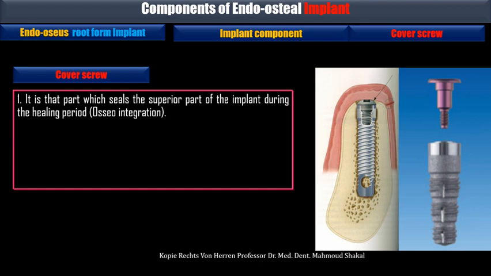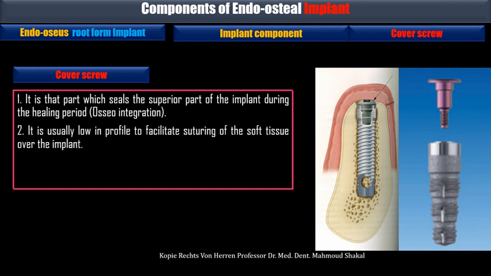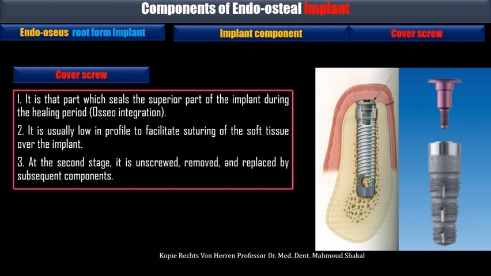So that part should be sealed off to avoid this during the phase of osseointegration. It is usually low in profile, as you see it's flat, to facilitate suturing of the soft tissue over the implant. At the second stage, it is unscrewed, removed, and replaced by the subsequent component.